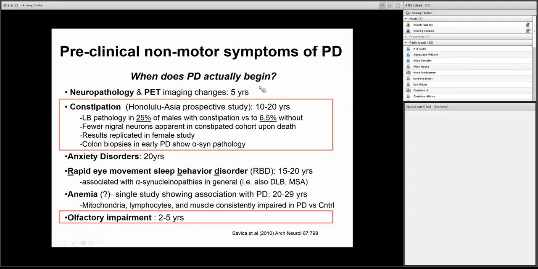Now, as I mentioned, the dorsal motor nucleus of the vagus, which is one of the earliest sites of Lewy body pathology, connects to the gastric tissue and actually controls gastric motility. And this could account for changes in gastric motility in these individuals prior to them developing Parkinson's disease.